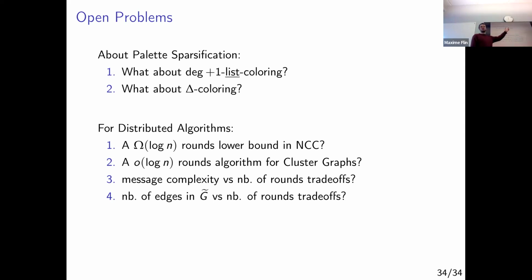And when I say list, it doesn't have to be numbers from 1 to 10. It can be any number from 1 to n to the 100, for instance. So even describing your list to your neighbors, it's not clear how you do this. It's not even clear how this question totally makes sense, because you need to know the list of your neighbors. So that's the issue with this.